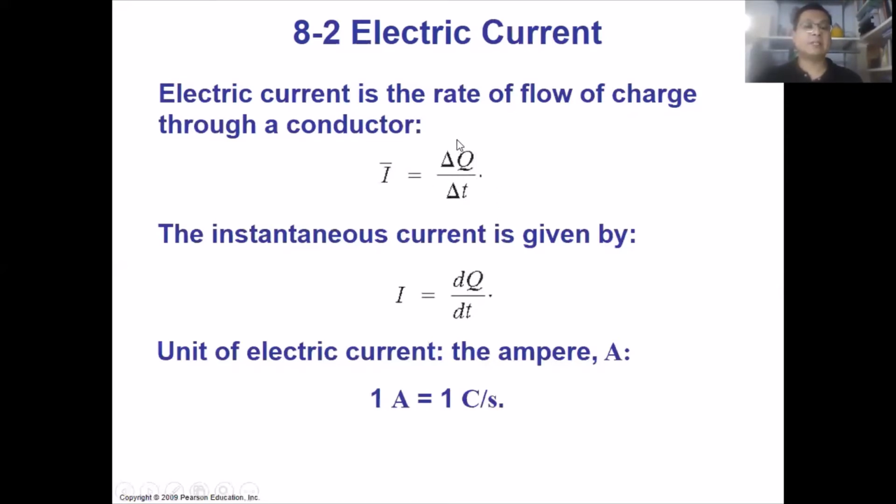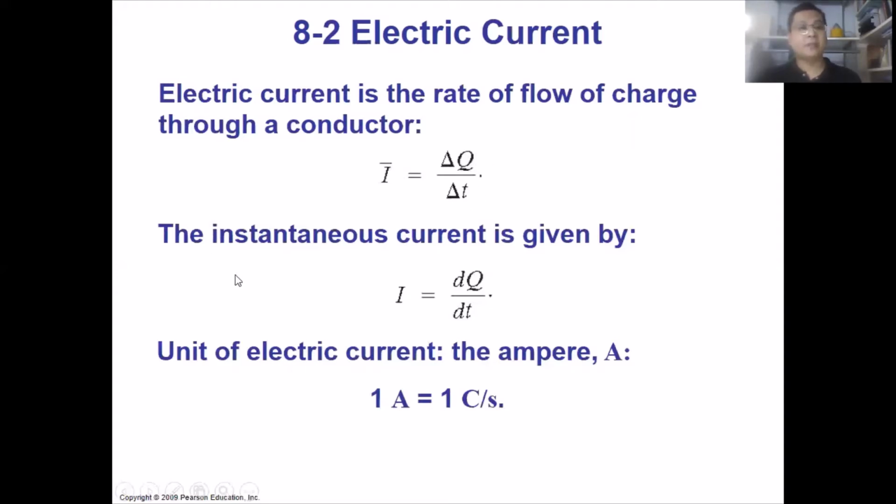So if one coulomb, the unit of electric charge is coulomb, flows for 1 second, that is 1 ampere, because this is current in amperes. 1 ampere is equal to 1 coulomb over 1 second.